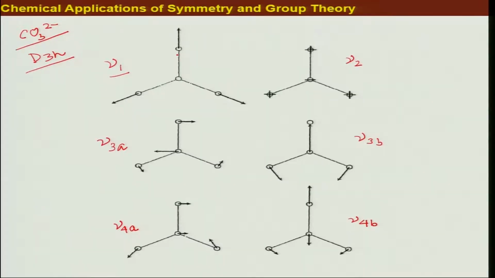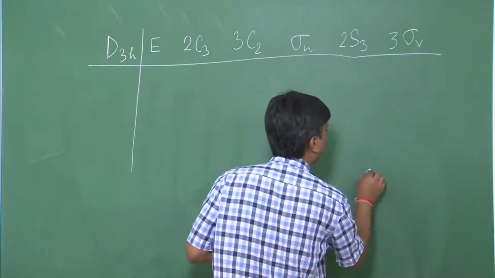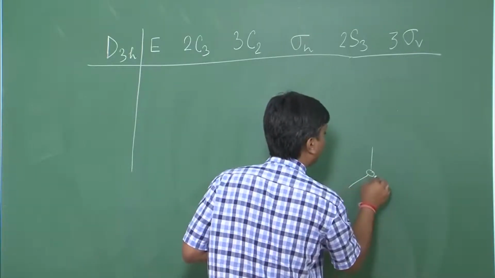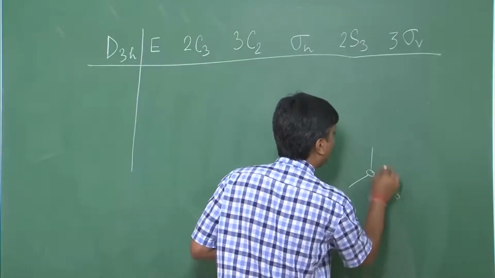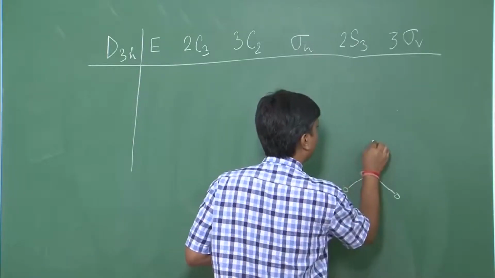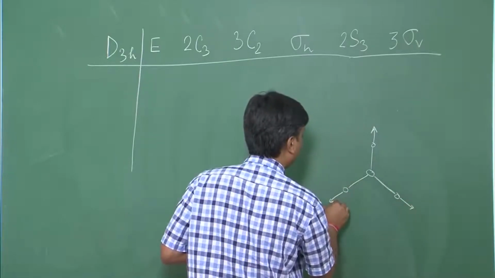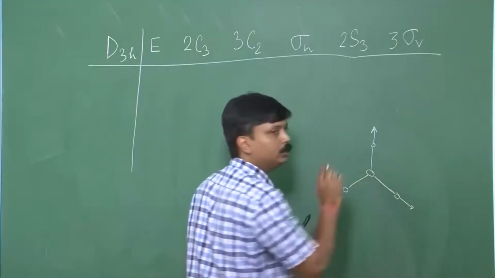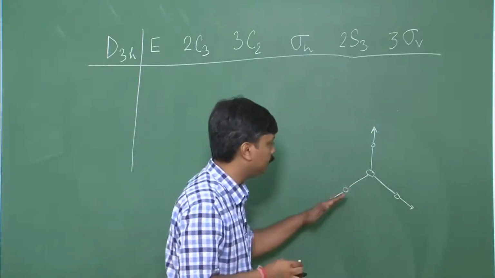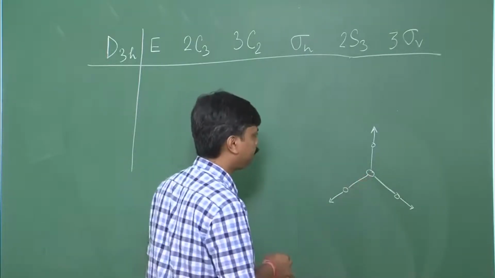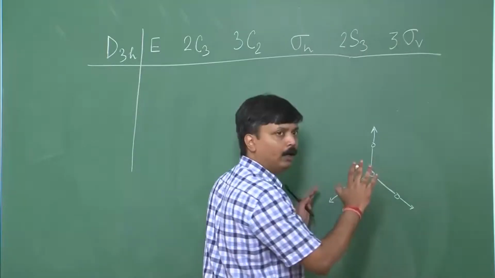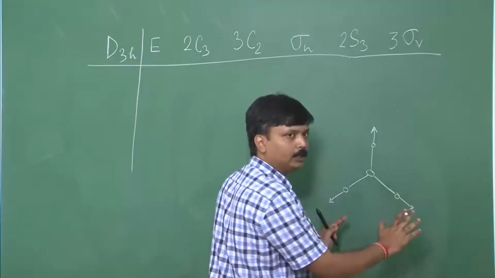So if you take this structure as a whole, fine. If I redraw the same structure here, I have 3 equal arrows which are along the 3 bonds, in the same direction as these CO bonds, right. Now if you apply identity, it will give back the same structure, all right.